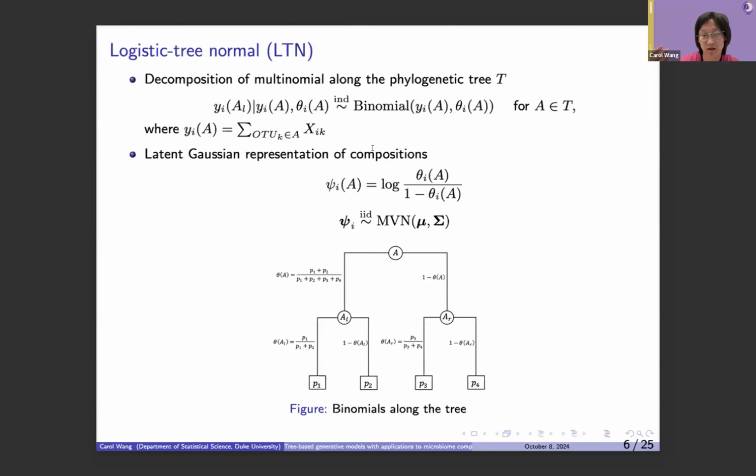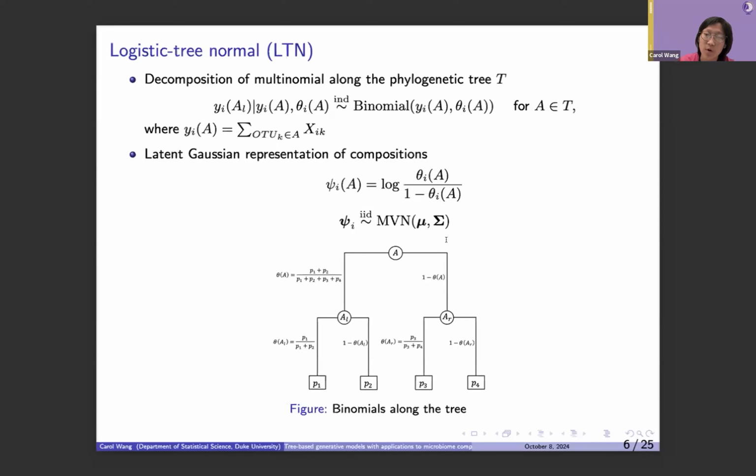So the idea is that since we have count data, we can decompose the count generating process along the phylogenetic tree, so that we model the count distribution at each node as a binomial model, and then for the binomial probabilities at the nodes of the phylogenetic tree, we assume a latent Gaussian representation of those. So we take the logit transform of those binomial probabilities and assume that those log odds are jointly multivariate Gaussian.